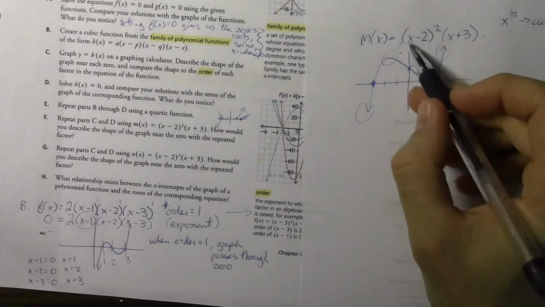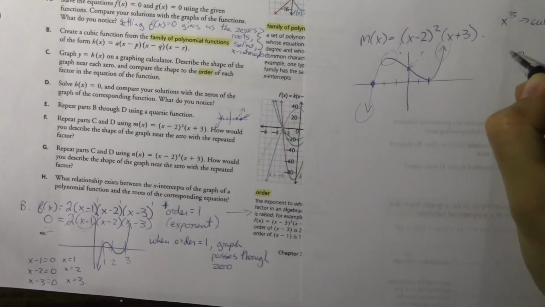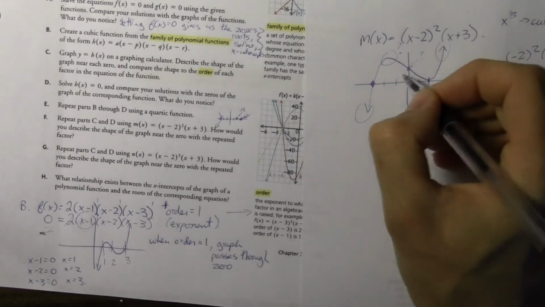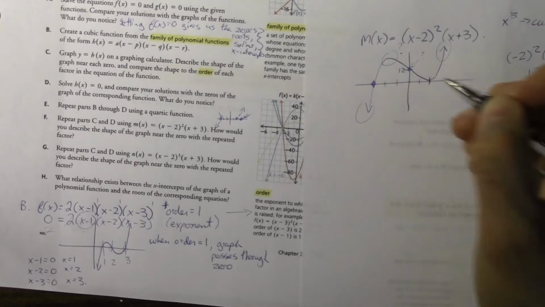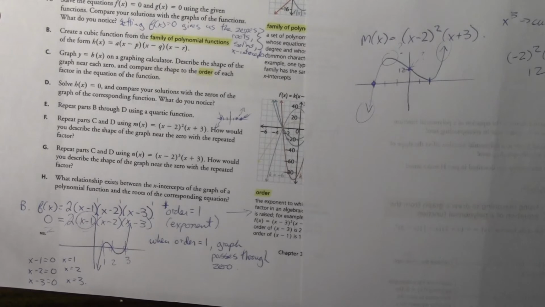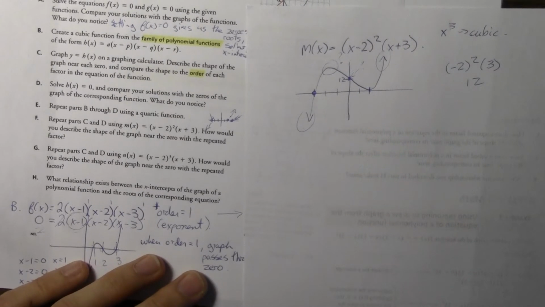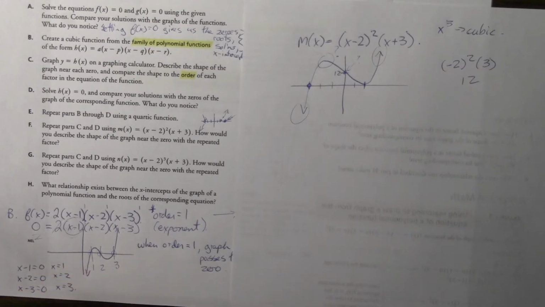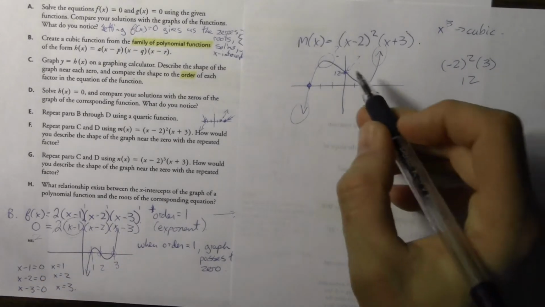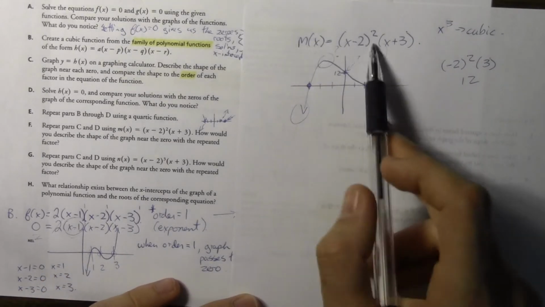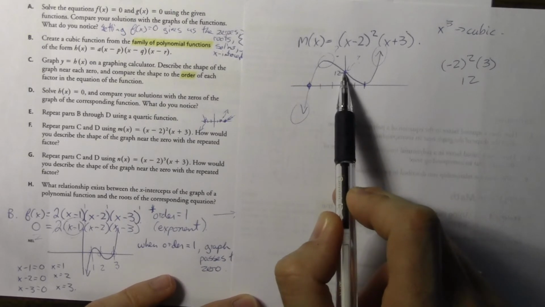Right, we just set x equal to 0, so we would get (-2) squared times 3, so we would get 12. So it's not in the shot. You just set x equal to 0 and you solve for y. That would give us this point.